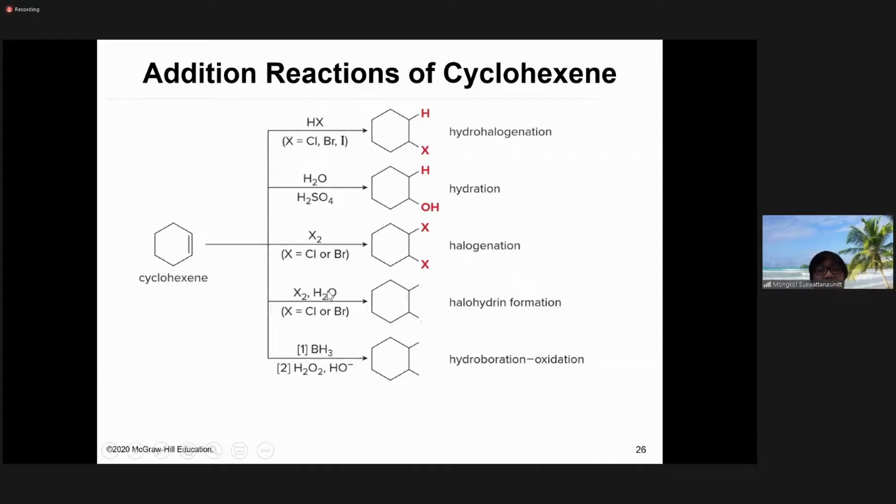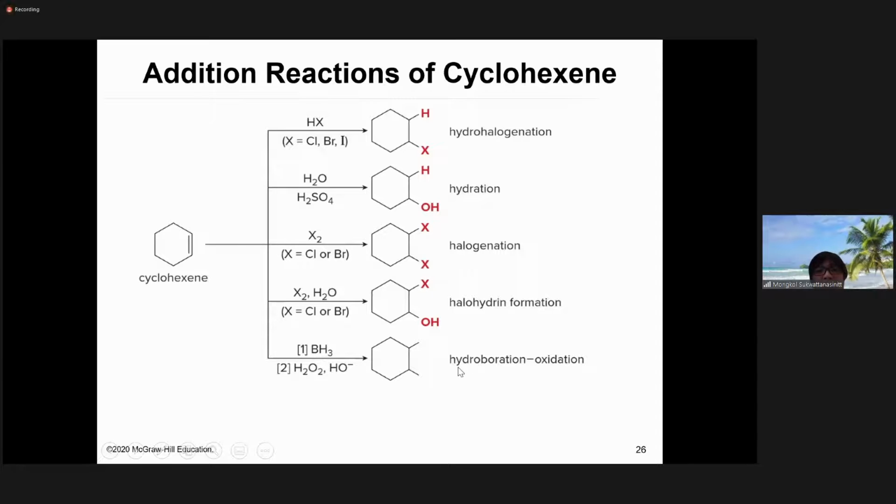But if you change the solvent to water, you get another kind of product, called halohydrin, which is the addition of one halogen atom and a hydroxyl group coming from water, okay?